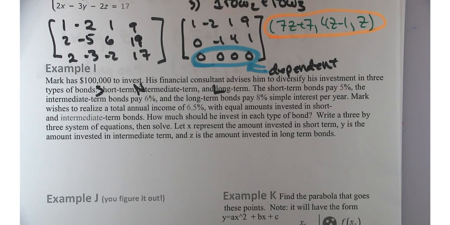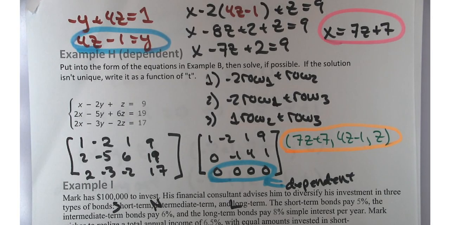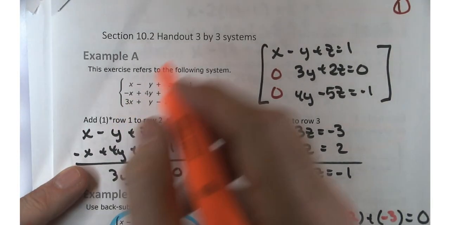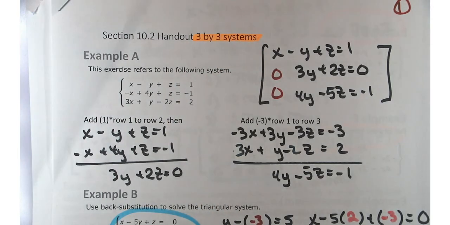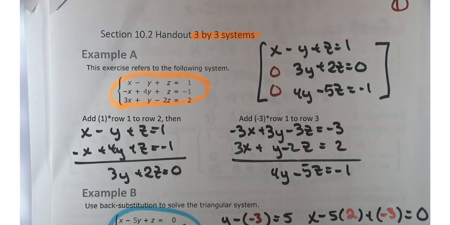Now, if we're going to solve a system of equations, typically speaking, you have to have an even number of equations and unknowns. So this whole chapter started with something like this, where we had what's called a 3x3 system. When you're solving something like that, the first 3 represents the number of equations.